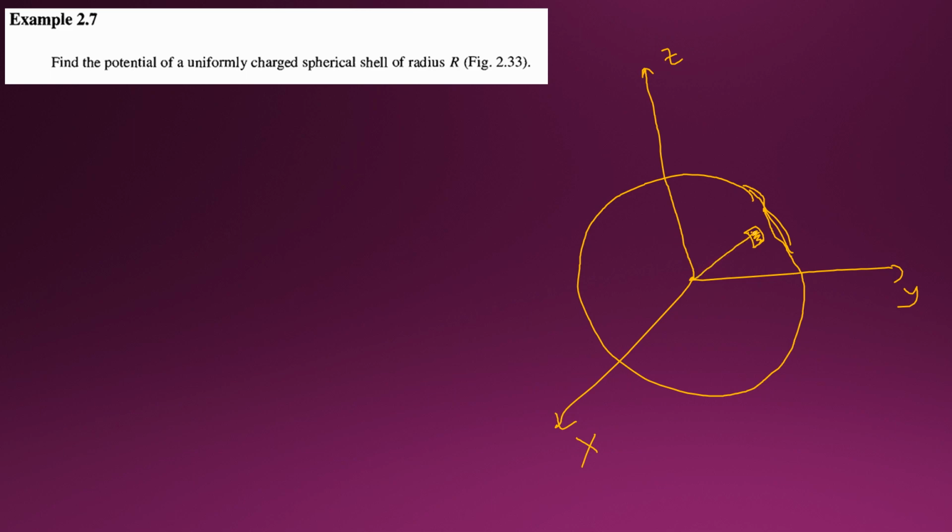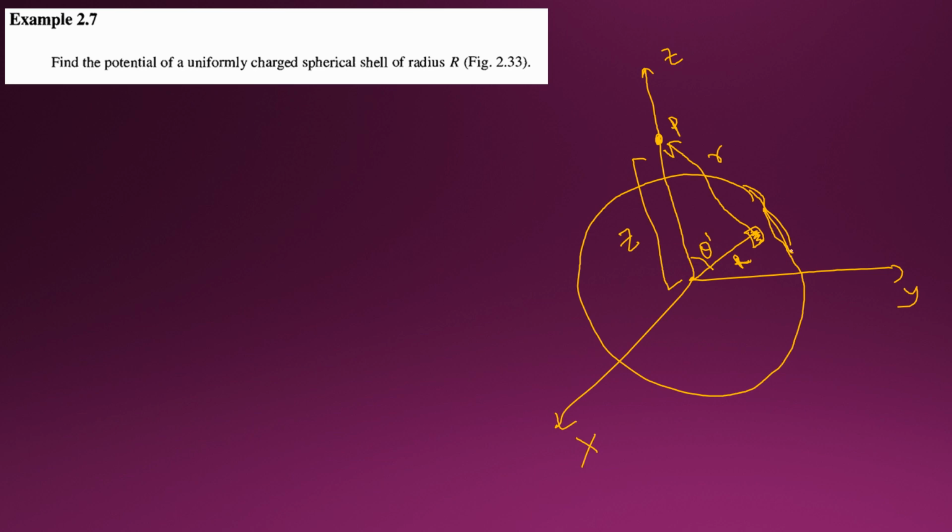This is r, theta dash. We will calculate the point because of this element, and the distance is small r. This is a straight line, just curved because of the space-time curvature.